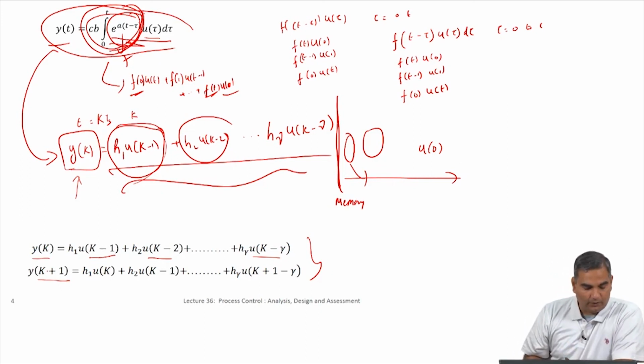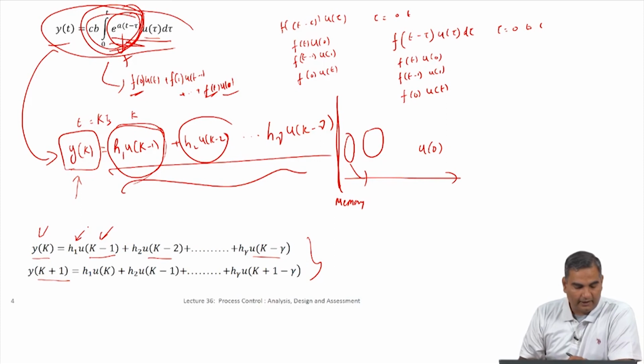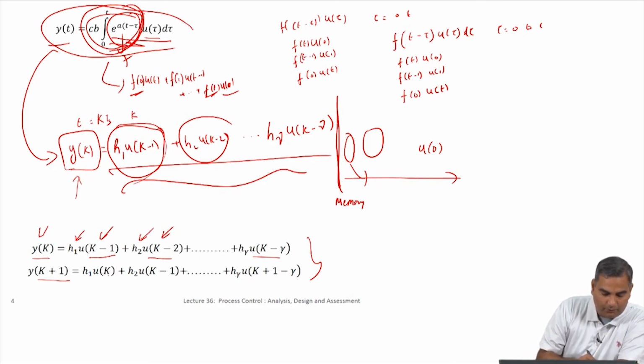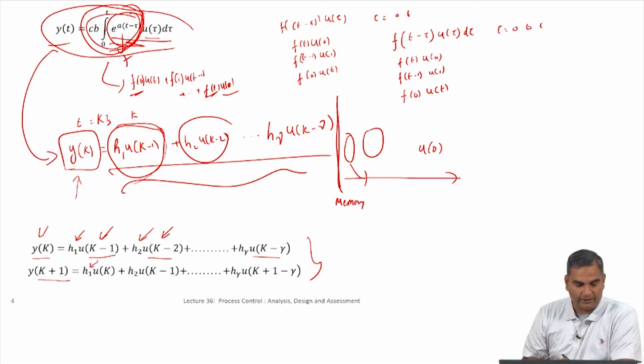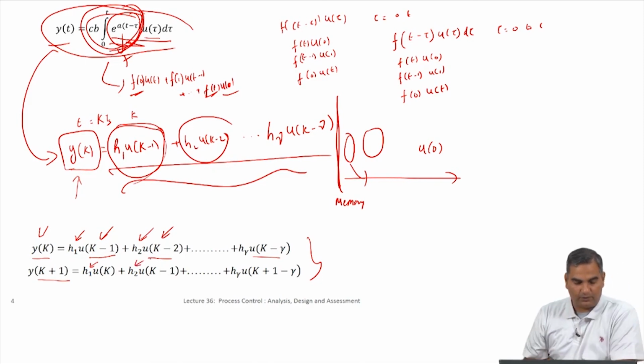The second thing you want to look at is, when I do k, the immediate past input k minus 1 I weight by h1, and the next past input I weight by h2 and so on. And if you look at this equation, the same thing will happen. The immediate past input, which is u of k in this case, because this is k plus 1, is being weighted by h1. The next past input, which is k minus 1 in this case, is weighted by h2 and so on.